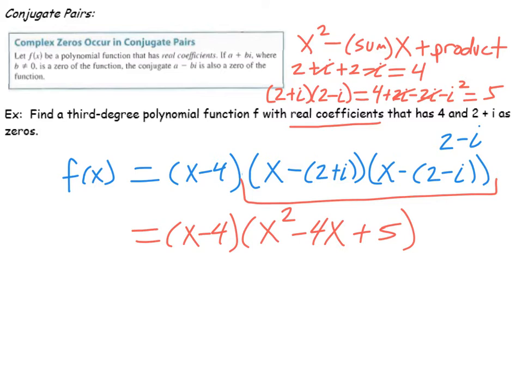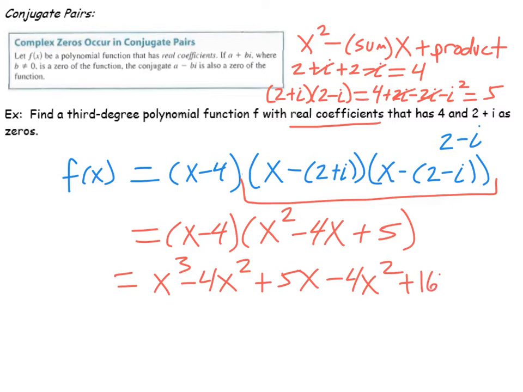Now, at this point, let's just do a little distributing. I'm going to distribute the x first. We would get x to the third minus 4x squared plus 5x. Now distribute the -4. And we'll wrap it up here.